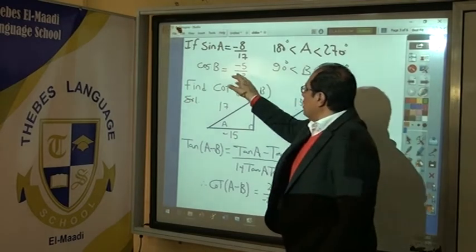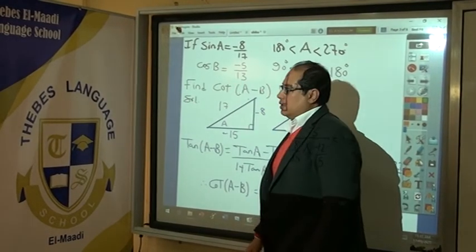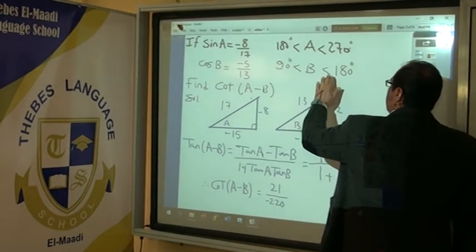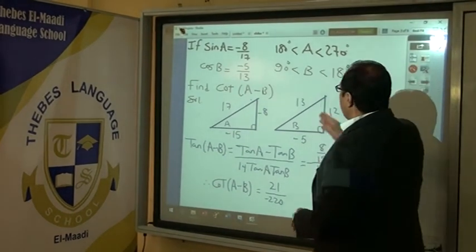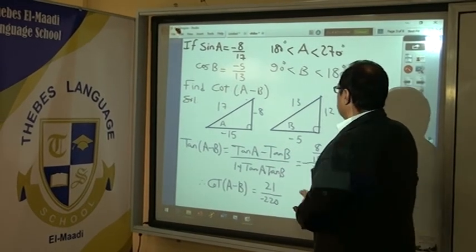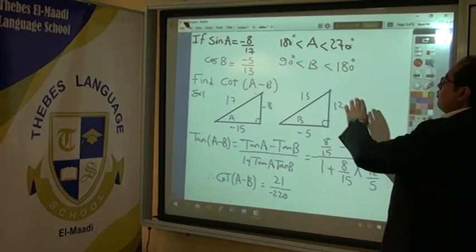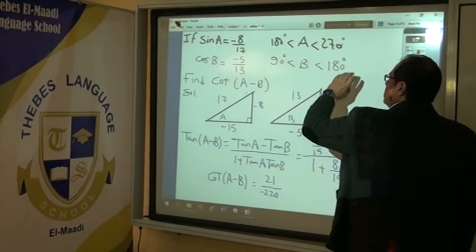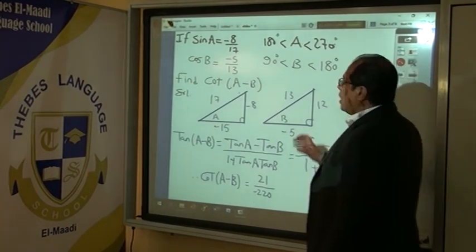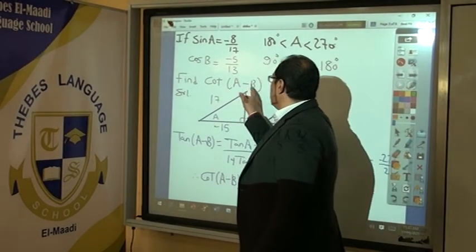Also cosine B equals -5/13, given that angle B is more than 90 degrees and less than 180 degrees. This means that angle B is in the second quadrant. In the second quadrant, the cosine is negative and the sine of angle B is positive. It is required to find cotan (A minus B).